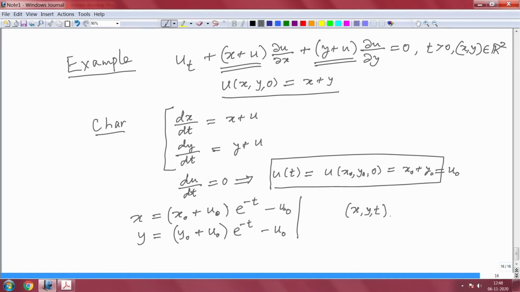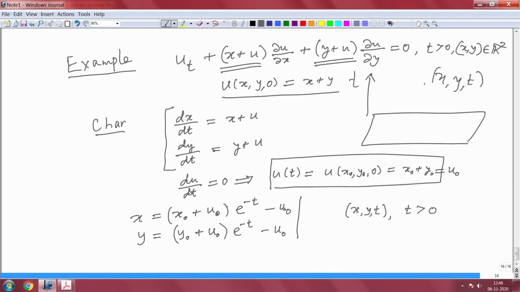So, again given x y t, a point with t positive, we want to see. Now, this is no more a straight line, it is an exponential thing. So, it is a characteristic curve, and you want to find out the characteristic curve meeting the xy plane, wherever it hits.